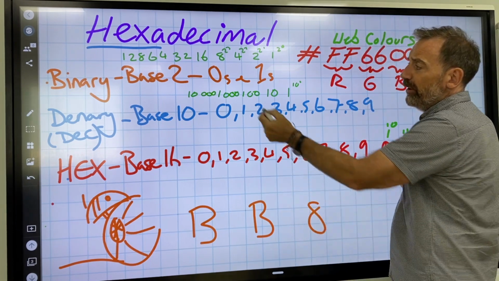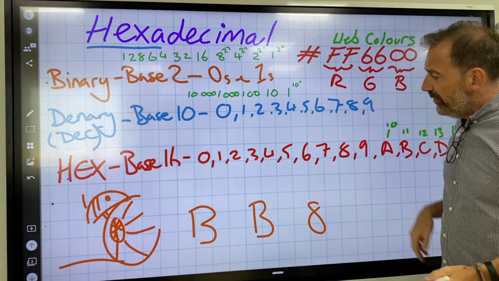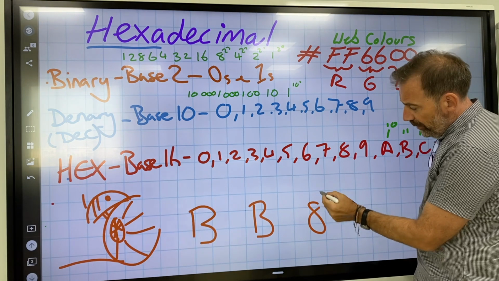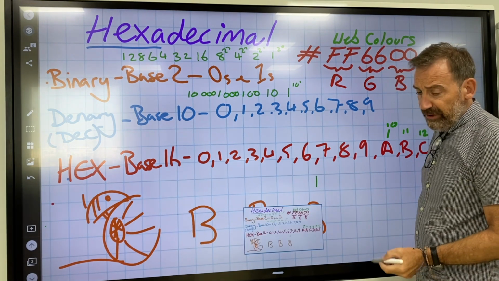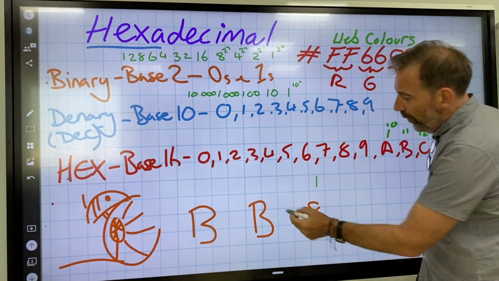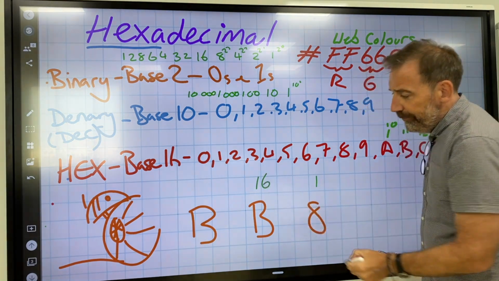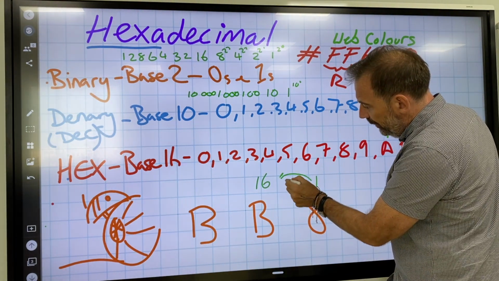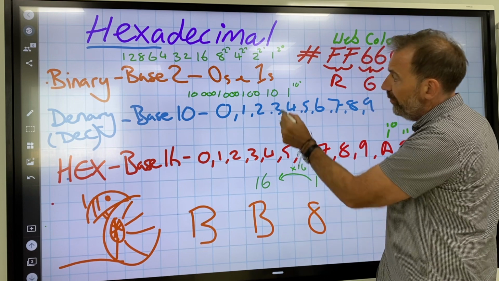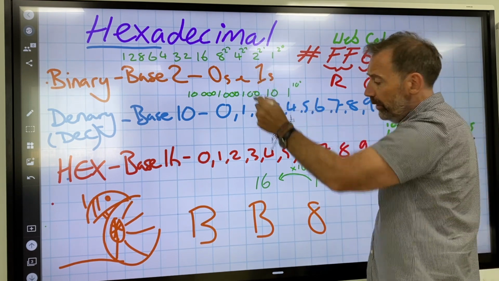Can you remember from the previous videos where I put numbers in? Now, base 16, we've got 1, which is 16 to the 0, then 16, multiplying times 16, same as multiplying by 10 or by 2.